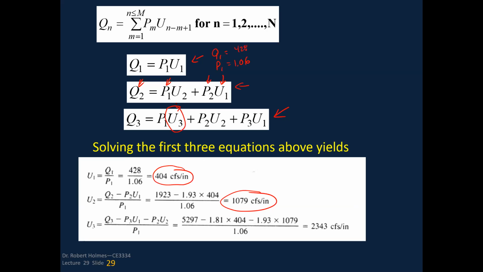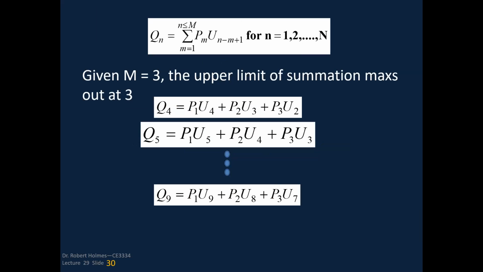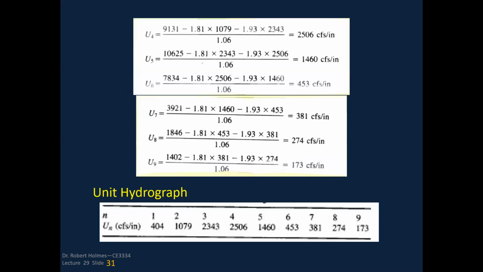Everything else is known. I keep walking through, and you do this for all the equations. The hardest thing here is to explode your convolution equation so that you have all the equations at the ready. And so you go on through here and look at these, and you can see U4, U5, U6, U7, U8, and U9.